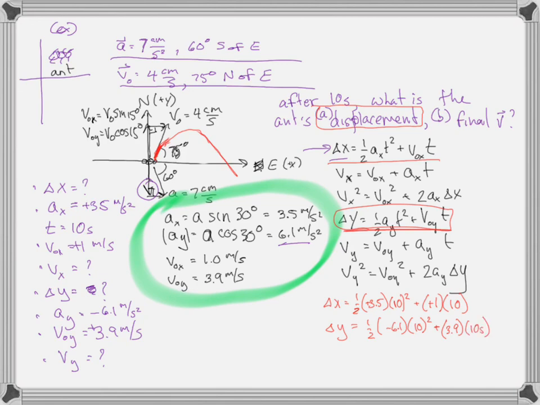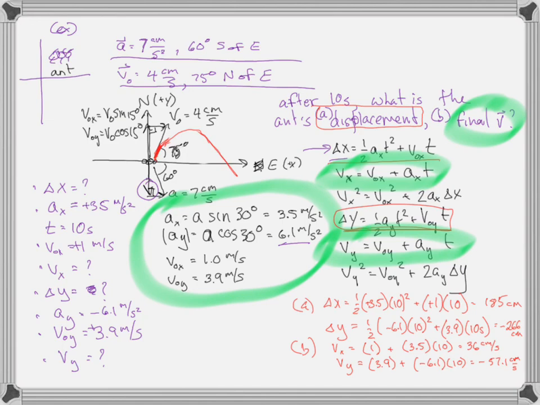And that's going to be part A. We evaluate that for part A. And then part B, again, it's a strict plug-in, really. Part B is just taking v sub x, plugging in for that, v sub y, plugging in for that, and that's going to give us the 2 components of the final velocity.